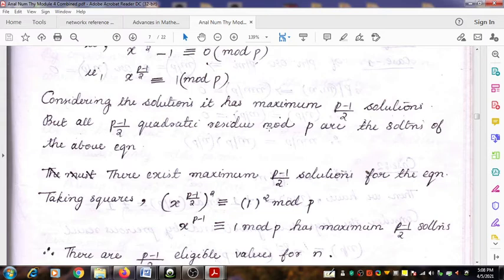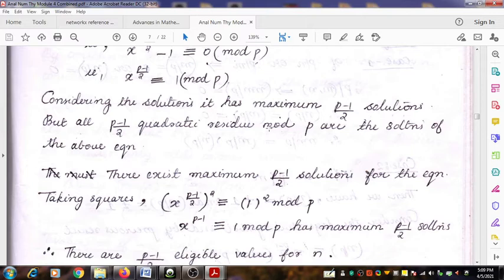Let's think about the solutions of this equation. As this is a congruence equation, you know that the maximum number of possible solutions is p minus 1 by 2. So this congruence equation can have a maximum of p minus 1 divided by 2 solutions.